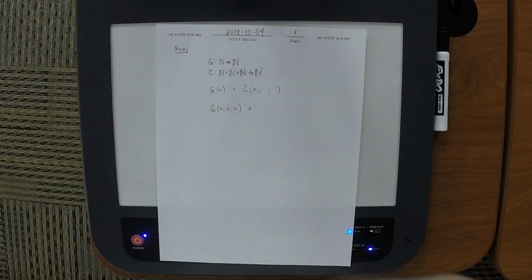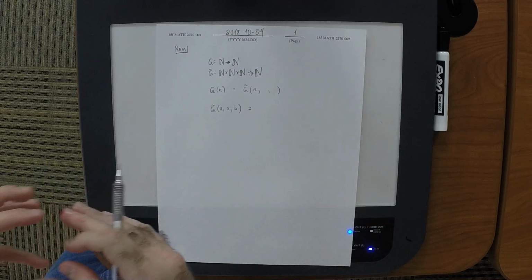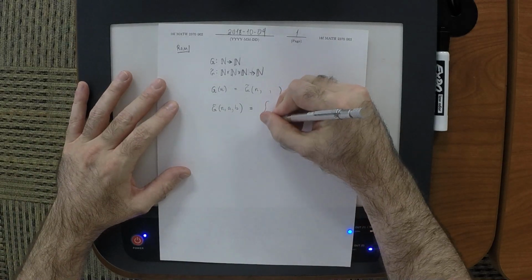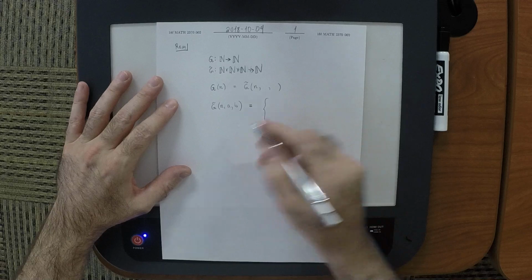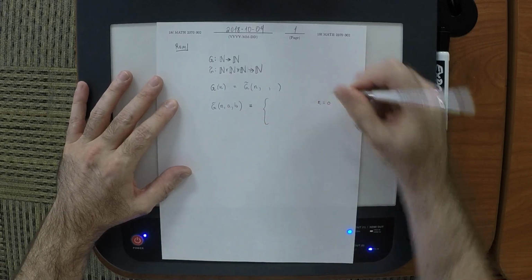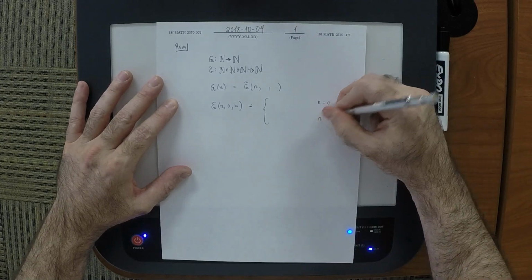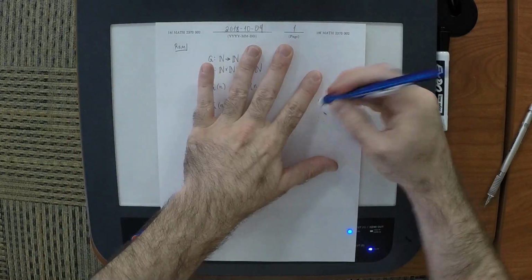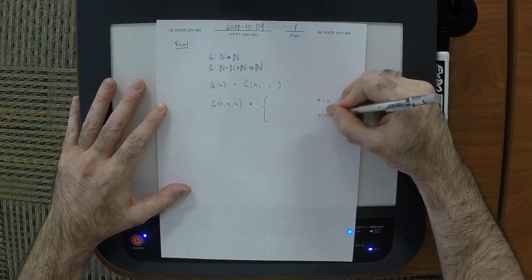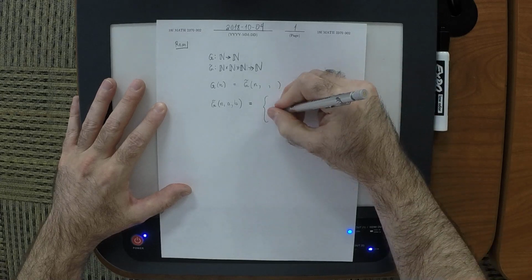And then you use those two to find the next one, and then you forget the least one, and then you use the two you know now to get the next one, etc. So the definition here is going to be that in one case we're going to do something when n is 0, and then we're going to have a different case for every other case. So otherwise, the recursive case looks like this.